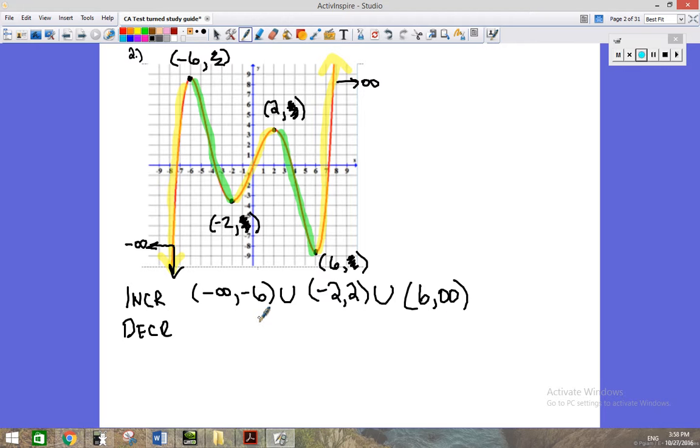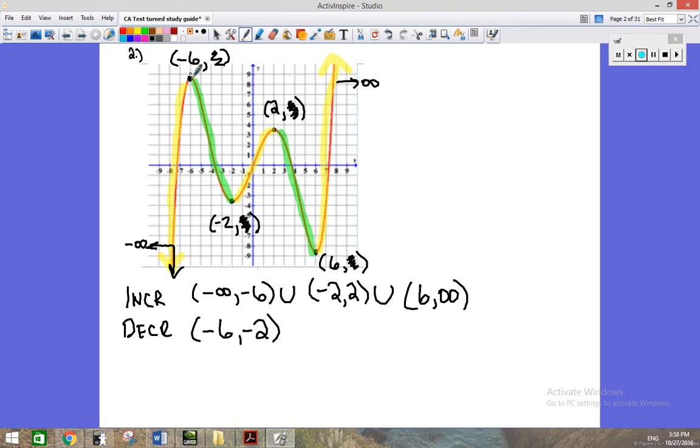So now, decreasing. Let's come back up to our points here and describe where we've shaded it in green, where we were going down. We need a small number, comma, a larger number when we write these intervals. This does not mean plot the point -6, comma 2.